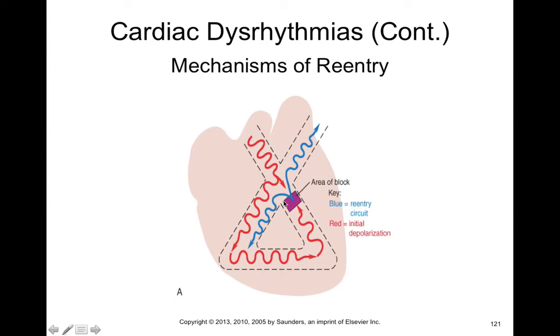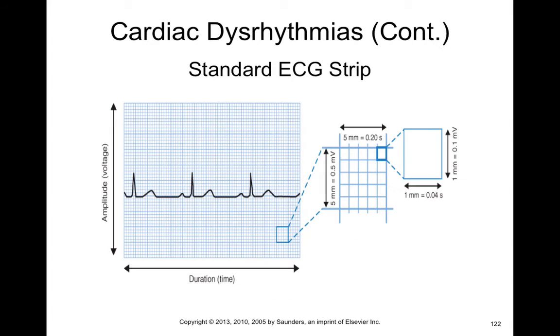And you can imagine why this would be significant, because now you're effectively stimulating another electrical impulse, but in an abnormal way. So you're going to get not only abnormal electrical activity, but also abnormal heart contractions.